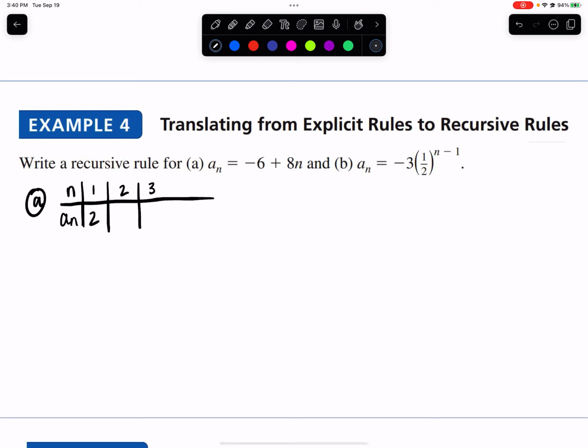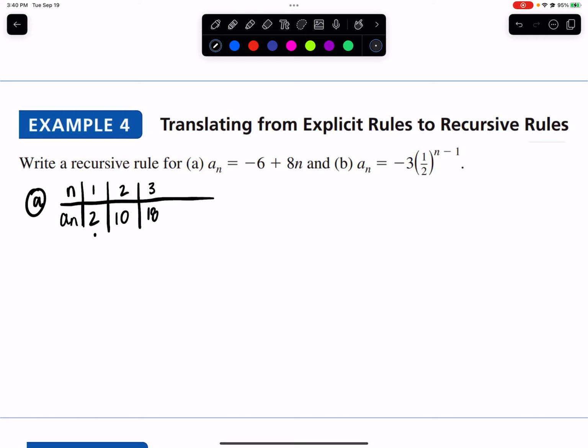And I'm going to find that my first term is 2. And then to find my second term, I'm plugging in 2 for n, negative 6 plus 8 times 2. I'm going to get 10. Negative 6 plus 8 times 3, I'm going to get 18.